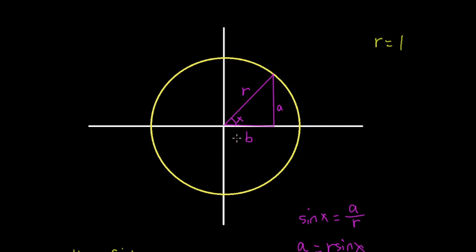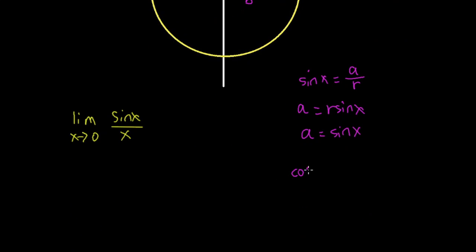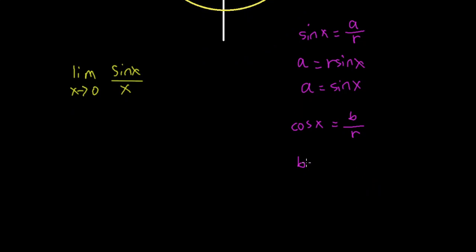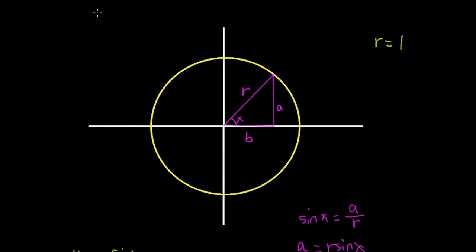We can say that cosine of x is equal to B over R. Then B is equal to R times cosine of x. And R is equal to 1, then B is equal to cosine of x. This side is sine x, and this side here is cosine x.